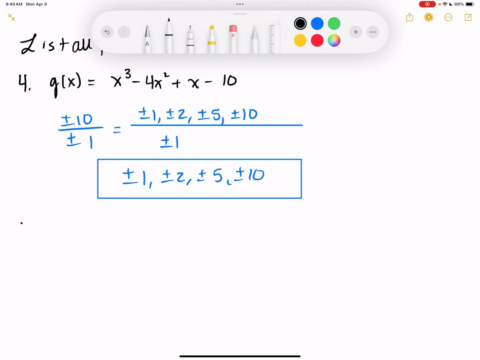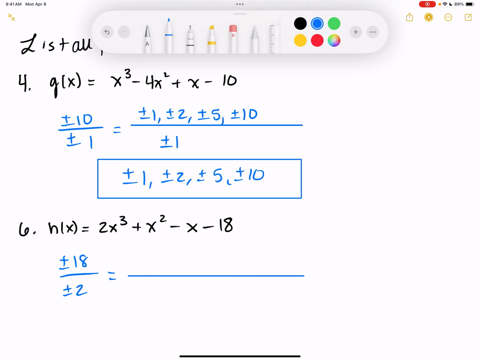Number 6, h of x is equal to 2x cubed plus x squared minus x minus 18. So last term over first term, so this is going to be 18 over 2, plus or minus 18 over plus or minus 2.